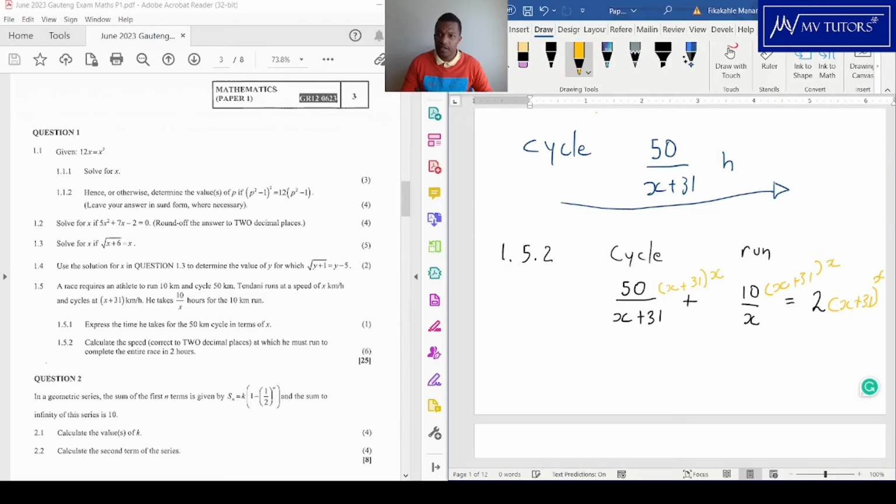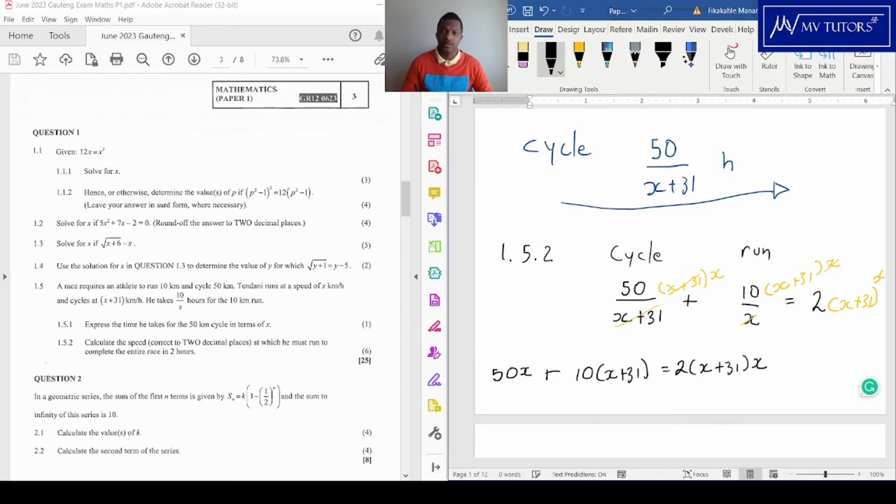What's going to happen with this first one? This x plus 3 cancels that one. This x cancels that one. And what am I left with? I'm going to be left with 50x on this side plus, on this side, 10 times x plus 3, which equals, on the other side, 2 times x plus 3 times x.